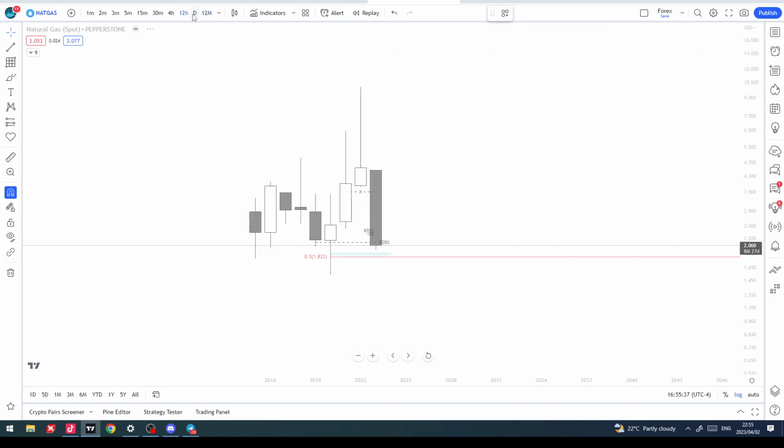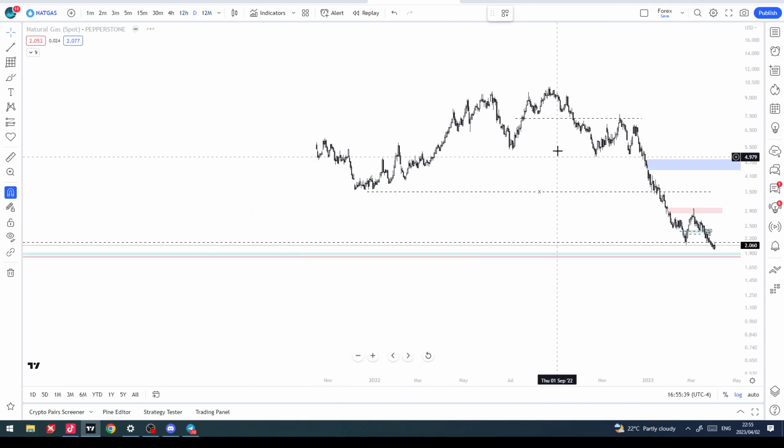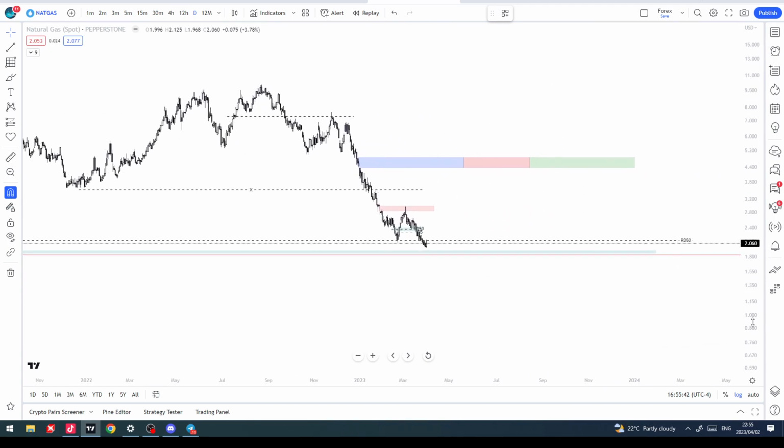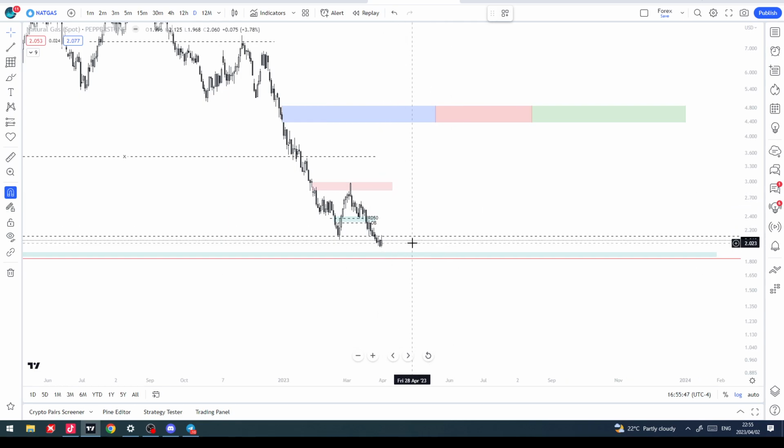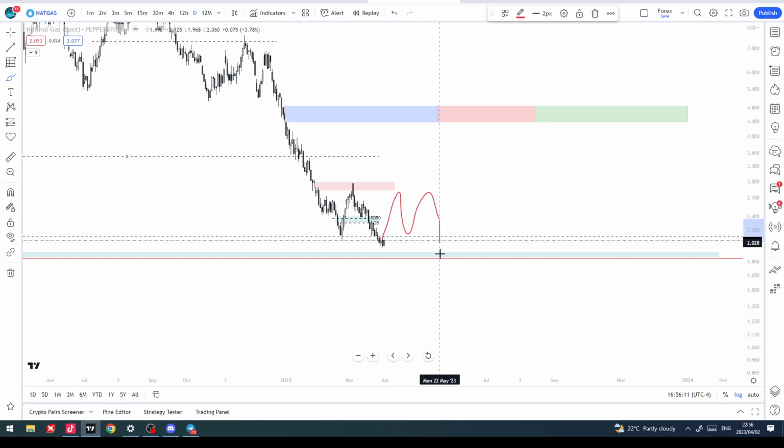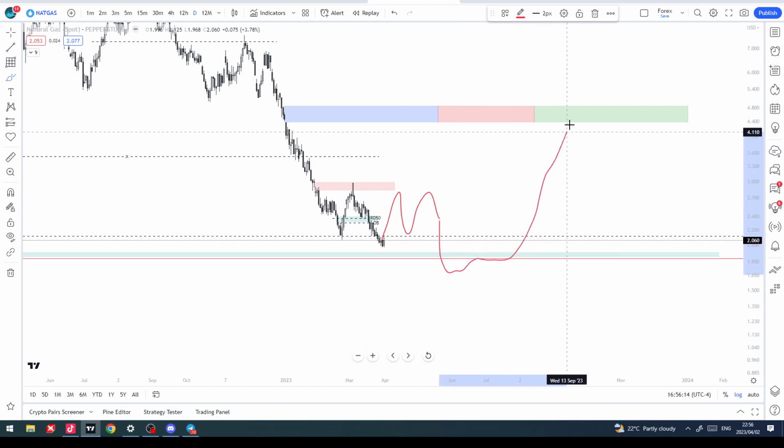AMD, daily. I'll start to break this down for you into the chat, right? So we have all of this as an accumulation. I'm thinking the manipulation starts to come in from May onwards as well. And then we have the distribution. So if you had to think about it, we go like that, then we do that, and then we start to do that.